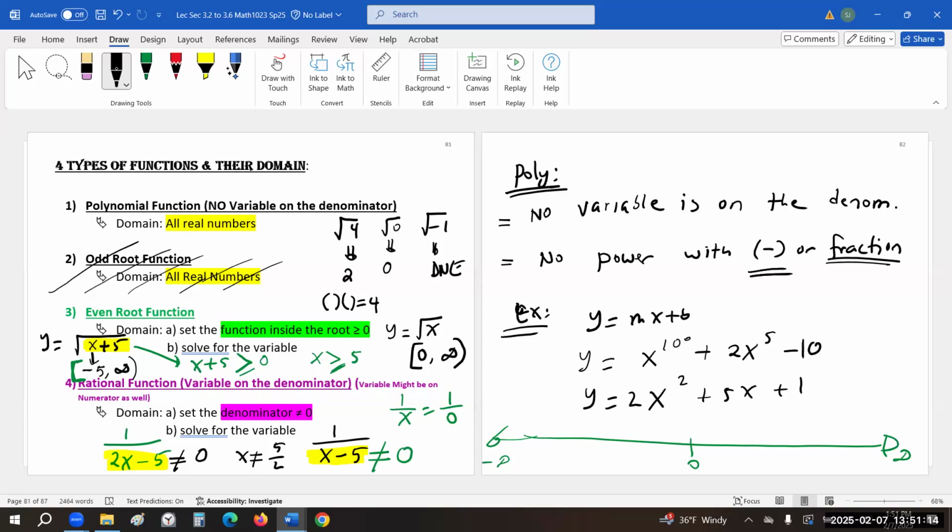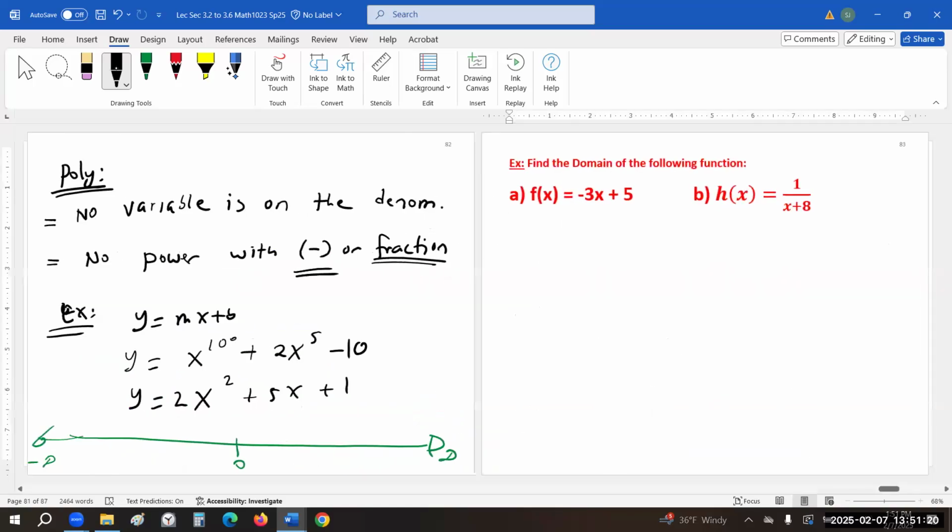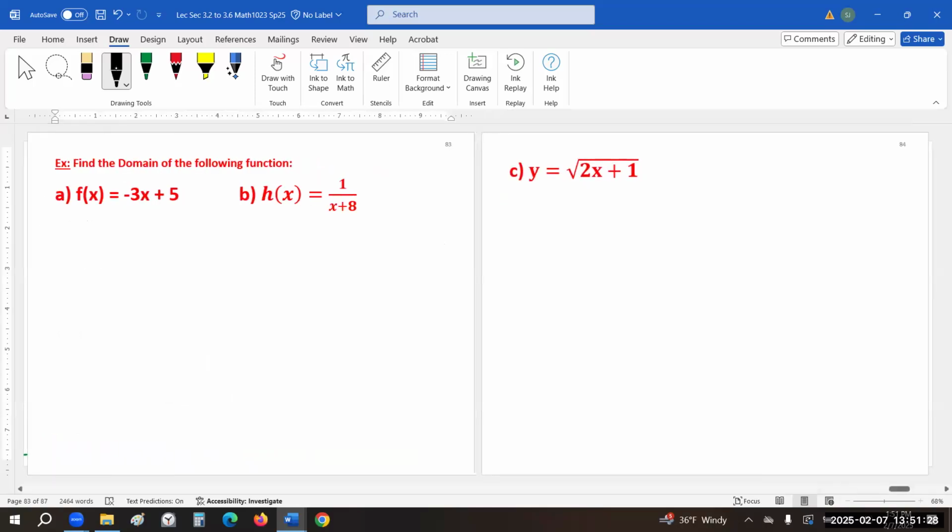So x can be everything else besides that number. Now let's do some examples. 3 examples only. First one, second one, and then the third. Figure out if they have any problem. If they do, how can you solve this?